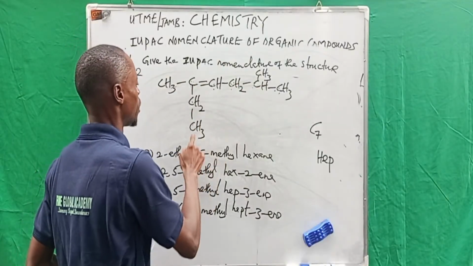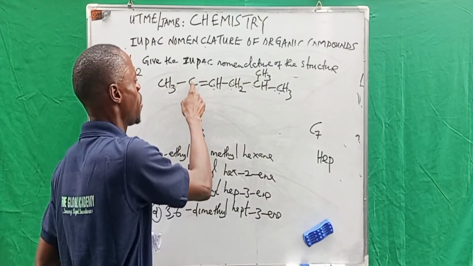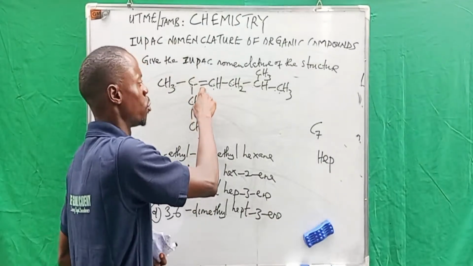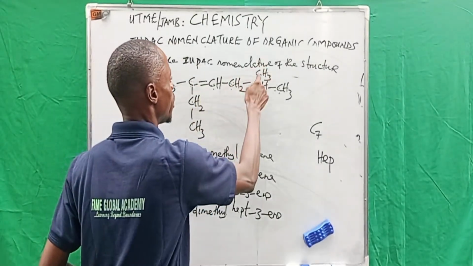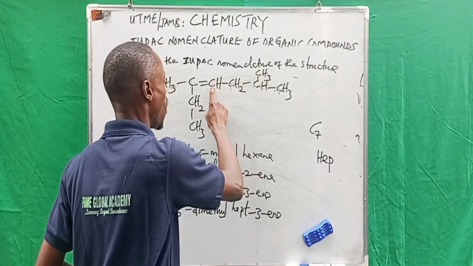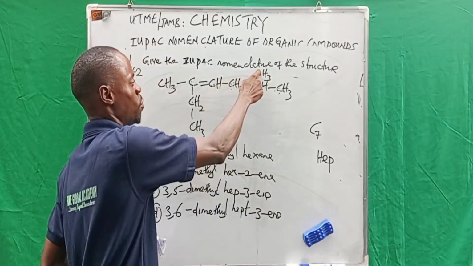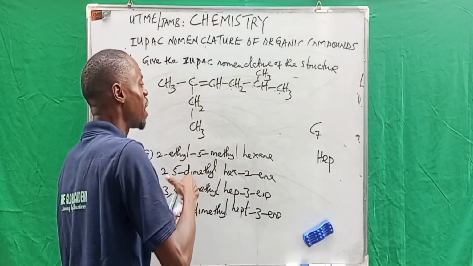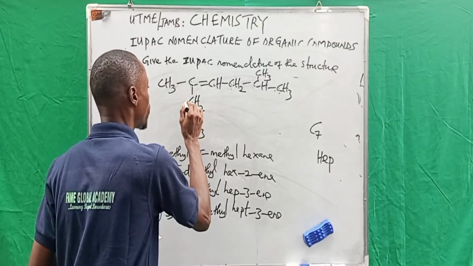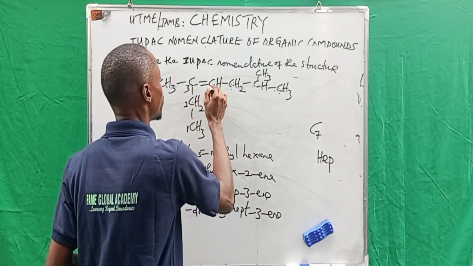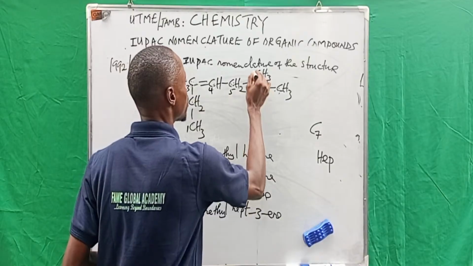Now let's go from this end. 1, 2, 3. At carbon atom 3, we have our functional group, the double bond. Let's go from this end. 1, 2, 3, 4. At carbon atom 4, we have it from this end. Are you following me? So the correct direction is from this end, 1, 2, 3, 4, 5, 6, 7. Why?